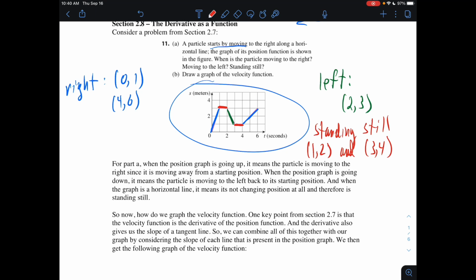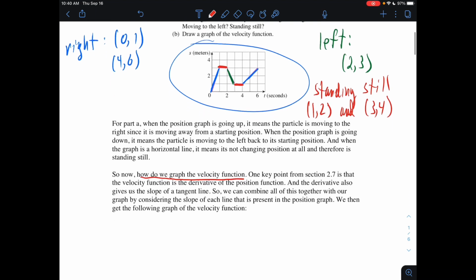So now, how do we graph the velocity function? One key point from section 2.7 is that the velocity function is the derivative of the position function.